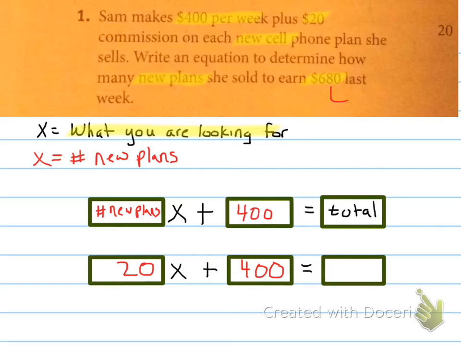Total, usually the bigger number. That's your total, so 680. So here's your equation: 20x plus 400 equals 680. That's what you'd be writing. Alright?